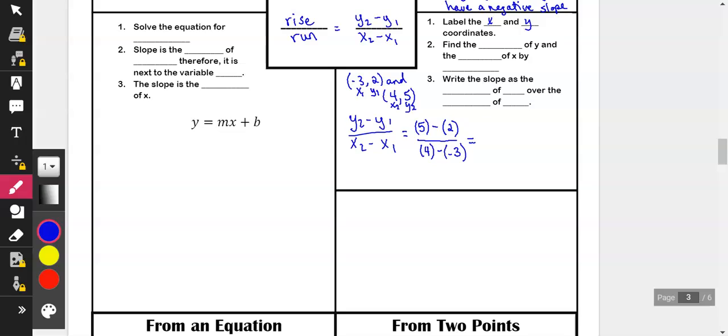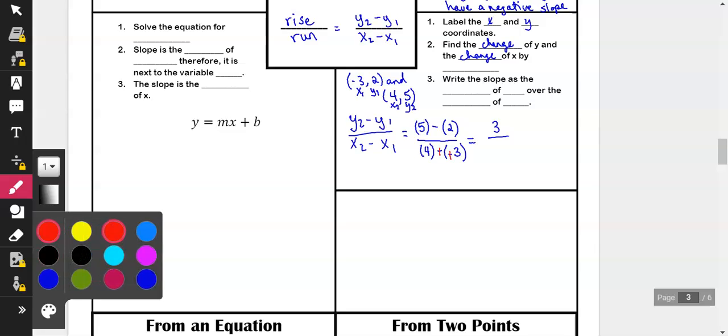So then all I'm going to do is find the change of y and the change of x, meaning I'm going to subtract these. I'm trying to figure out how much has changed. So 5 minus 2 is 3. 4 minus a -3: if I'm subtracting a negative, it's actually going to change this to addition. It's kind of like an addition problem.